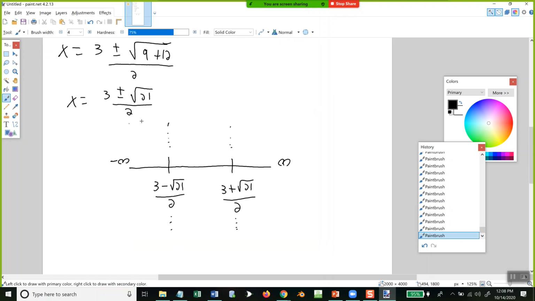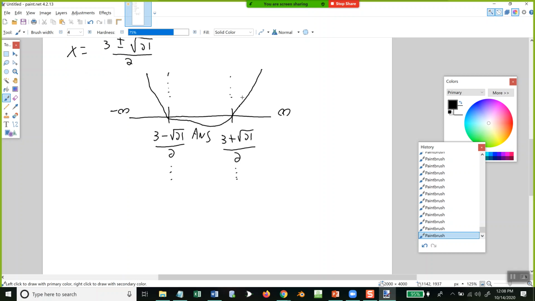You could graph it if you want. That'd be our graph there. I said less than or equal to, so we're looking for where our graph is below, which is right here. So our answer is between those two values. So you got 3 minus the square root of 21 over 2, comma, 3 plus the square root of 21 over 2.